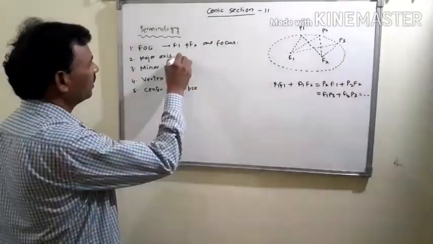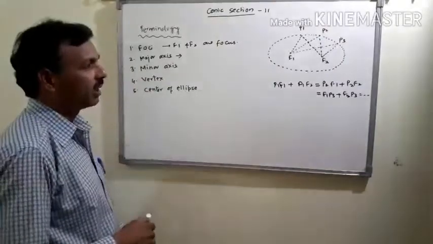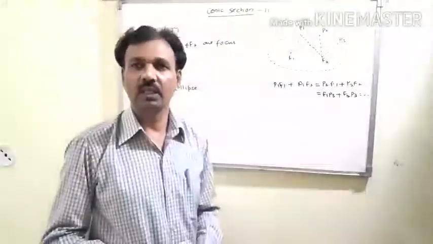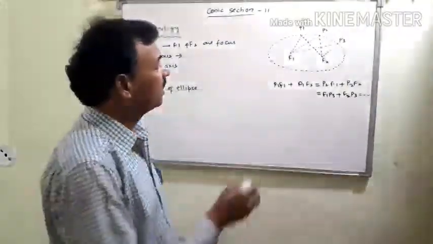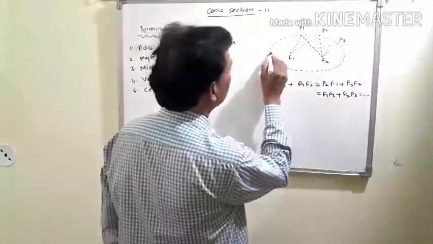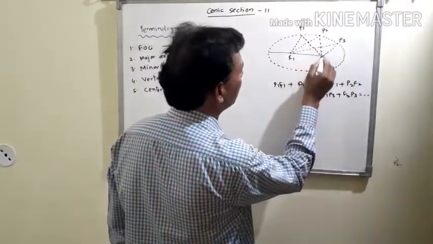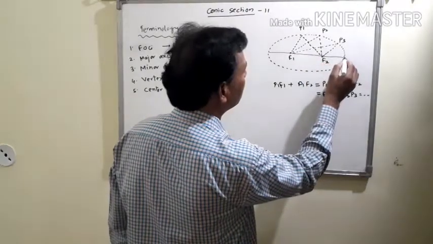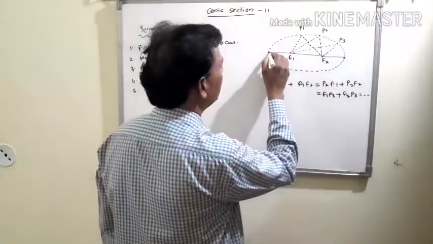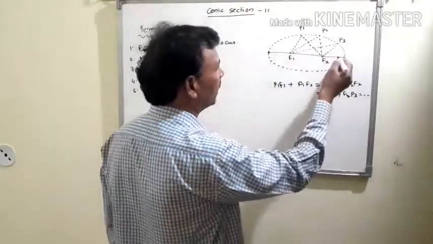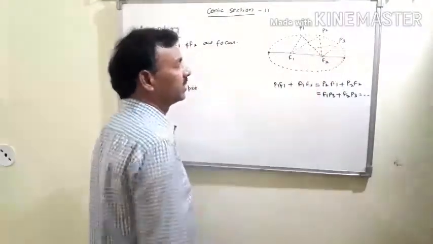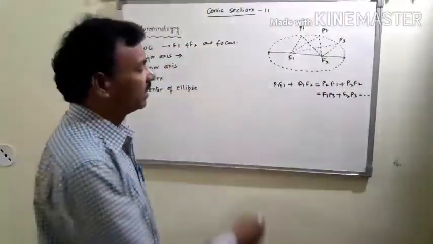Now we will take the major axis. What is the major axis? If a line passes through both foci and meets the ellipse at two points, it is known as the major axis.